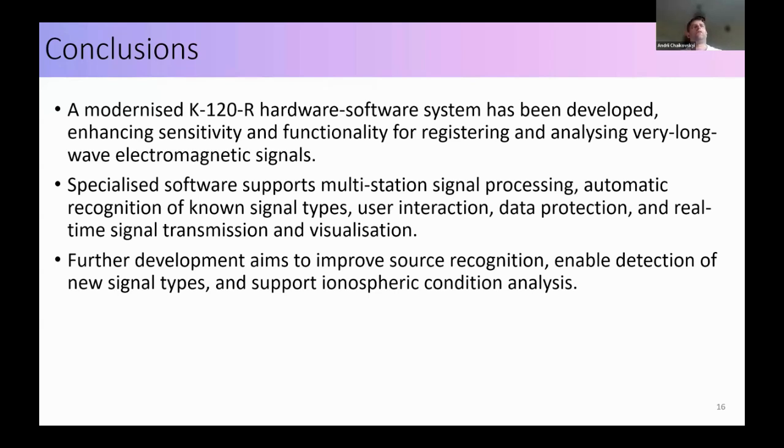Further, we want to improve our algorithm of source type recognition and also want to improve our capabilities of ionospheric condition analysis.